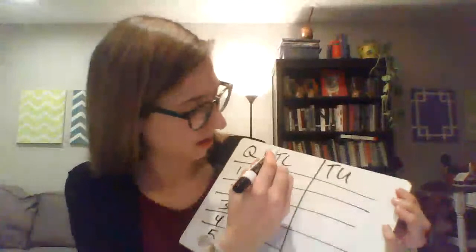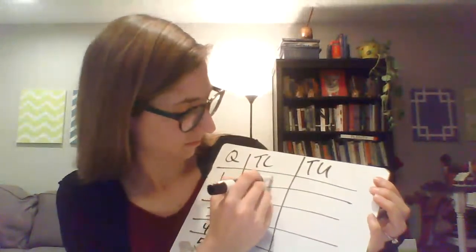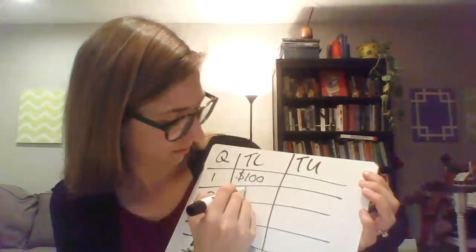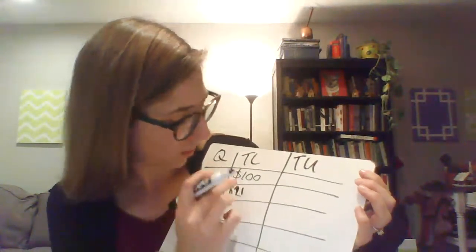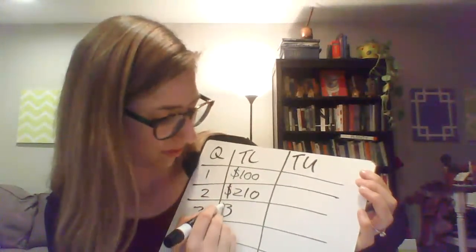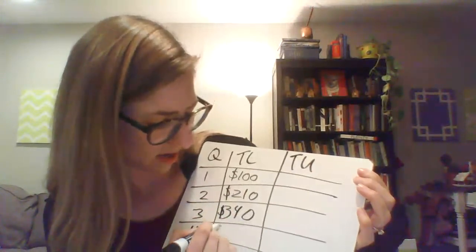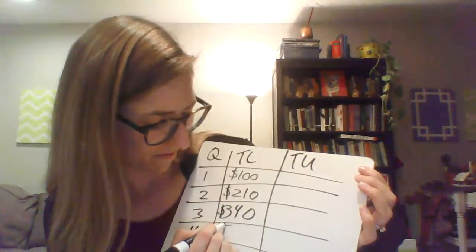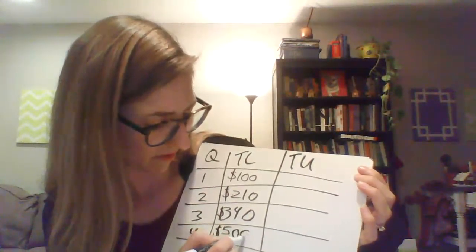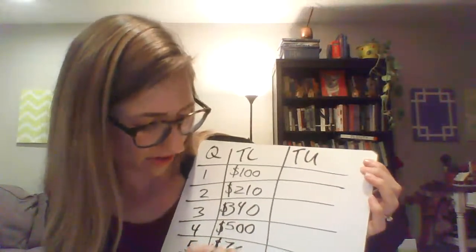Okay, so let's do quantity 1, 2, 3, 4, 5, total cost. Okay, so 210, 340, 550, no, 500, we'll do that, okay. And then 700.